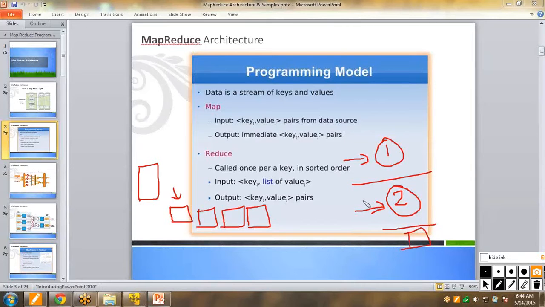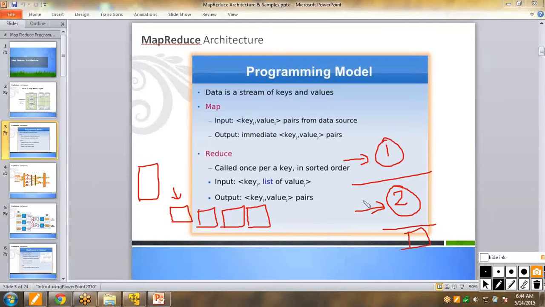The maps are the small execution slots residing in the task tracker. We have two sets of things.